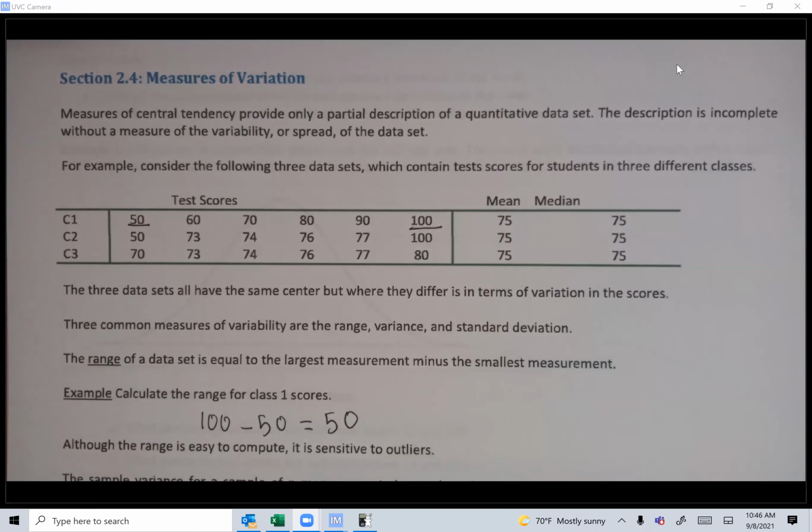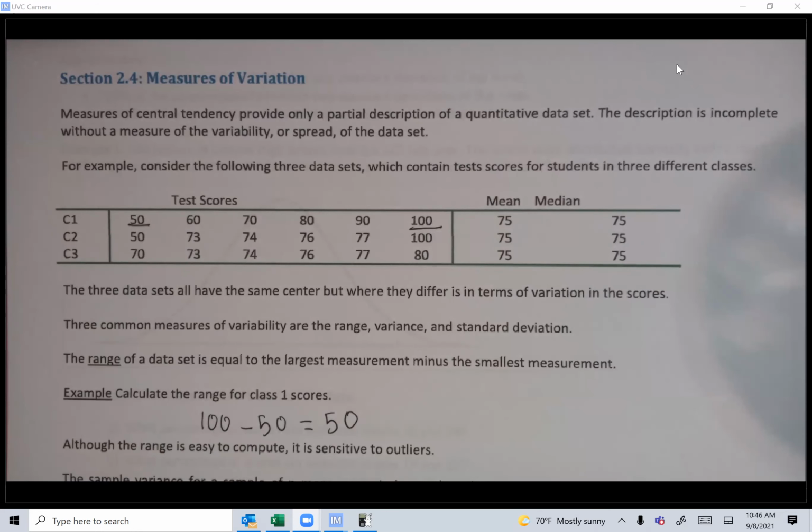Here's another question for you guys before I get to the standard deviation. Which of the classes or the data sets, the data is most widely spread out? Is it C1, C2, or C3? C1. I agree. And the least spread out, you agree with me, it's C3, and then C2 comes in the middle.